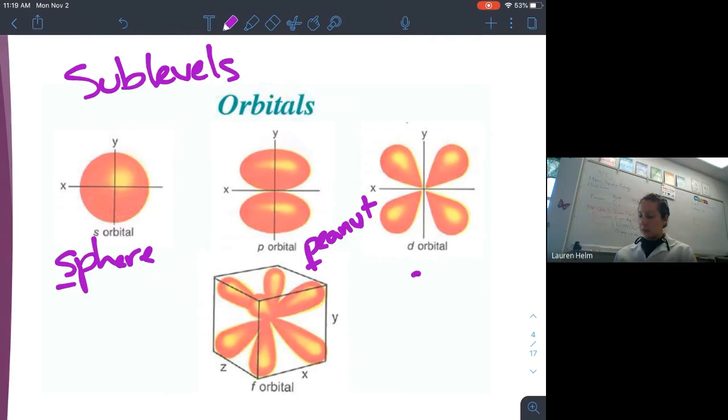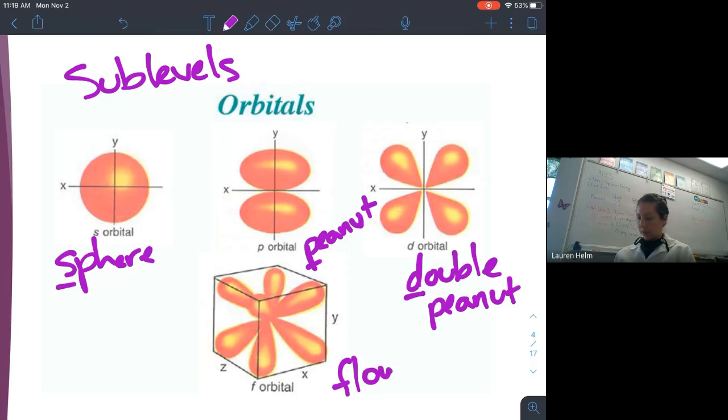The D sublevel, I remember it kind of looks like the peanut, but 2 of them, so I call it the double peanut. D for d orbital, or d sublevel. And so that's the probable location we can find an electron there. And the F sublevel, I remember what looks like a flower. And so these are the three-dimensional locations where an electron might be at any given time.